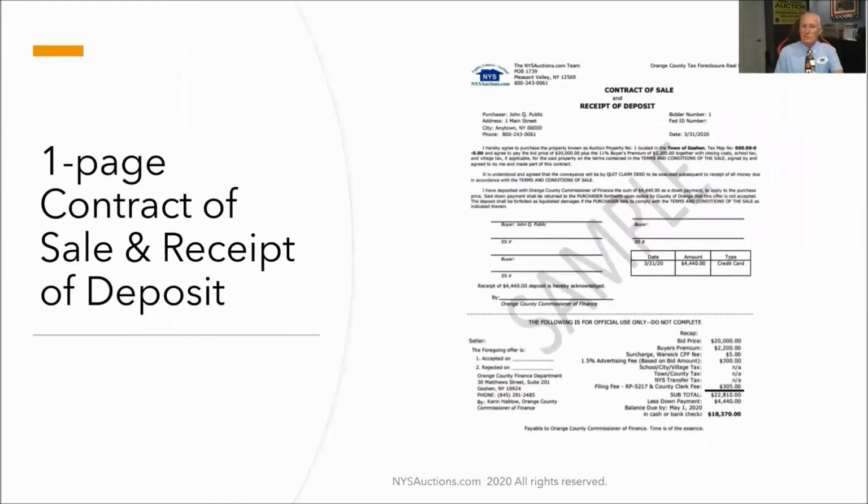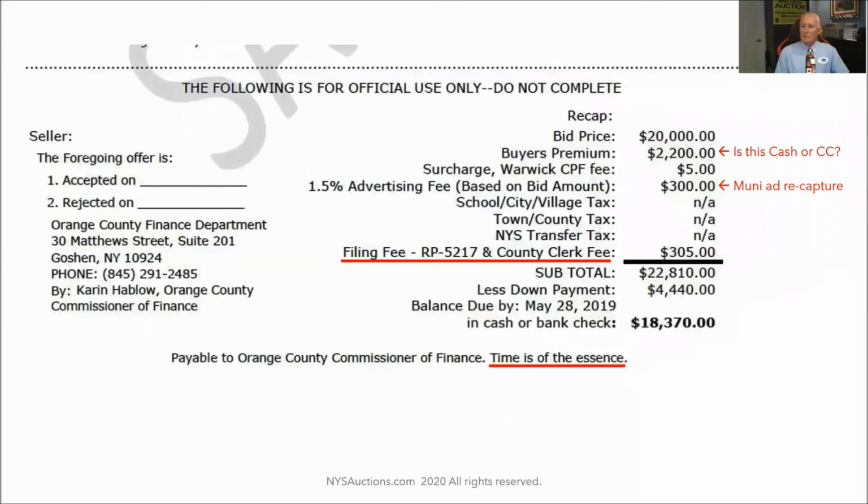Also at auction, we talk about the contract of sale and deposit receipt. The contract of sale is a simple one-page document, and the receipt of down payment deposit. Let me zoom in and let you see what the bottom looks like. The bottom is where all the numbers are embedded for you. Here the example says if they bid $20,000, the buyer's premium is $2,200.